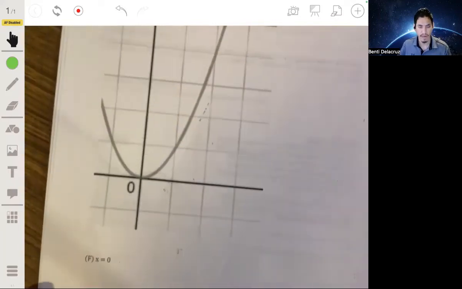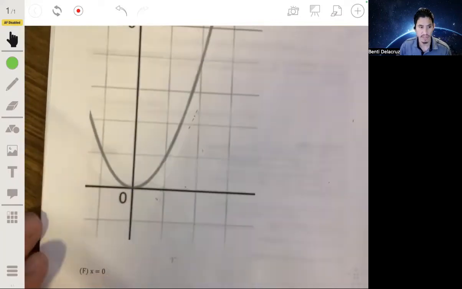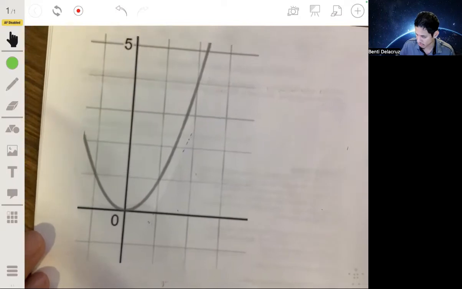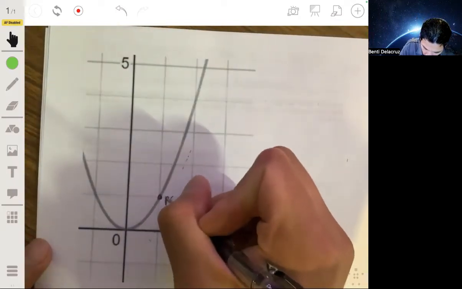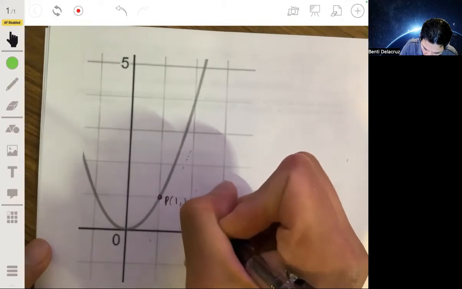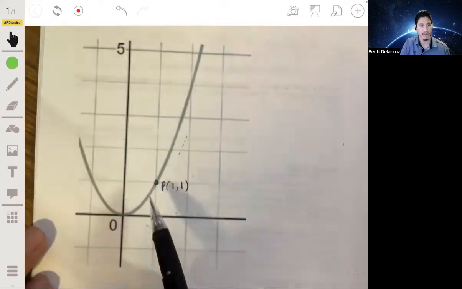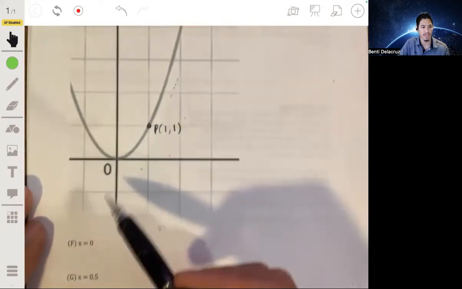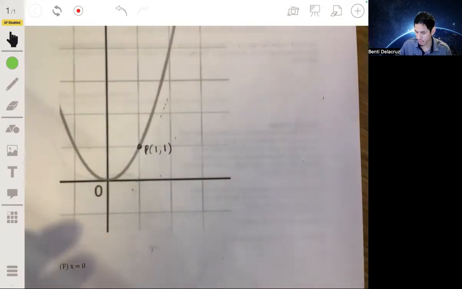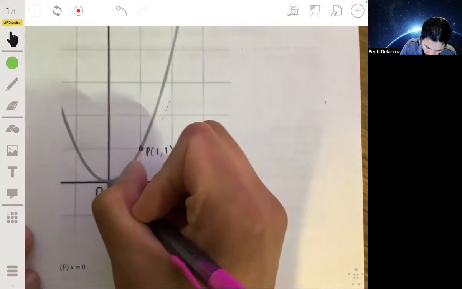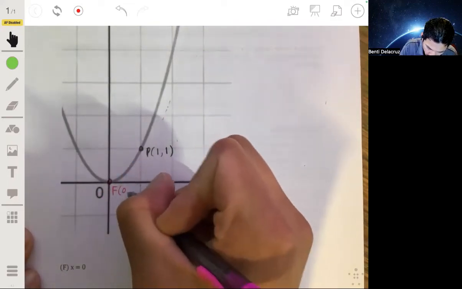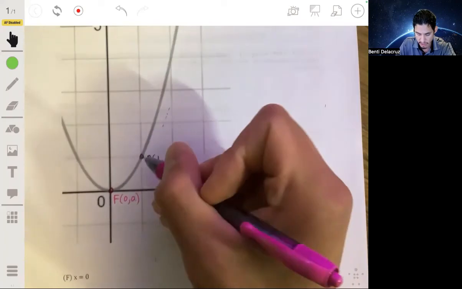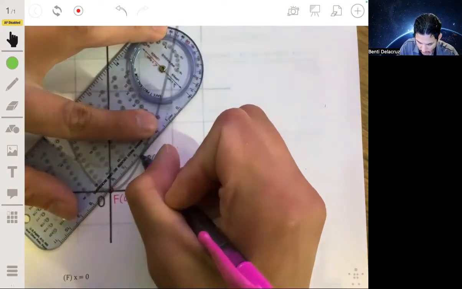So let's say that we're now going to look at the slopes of the secant lines. We're still going to go through our point 1,1. But we're going to look at points that approach from the left side. So let's say x equals 0 is our first one. So we would have our point F at 0, 0. So our secant line would do this.